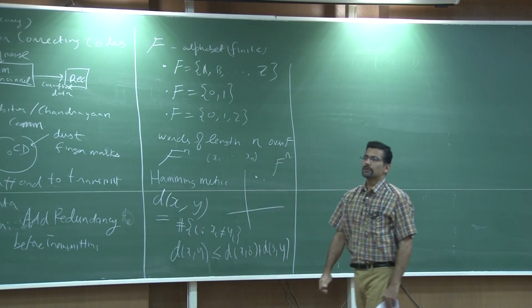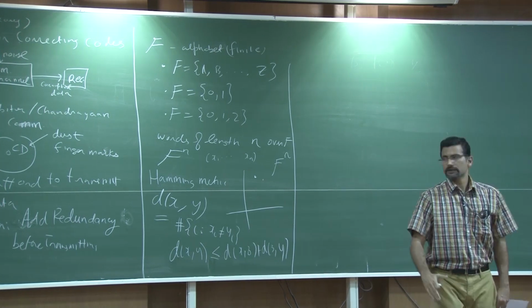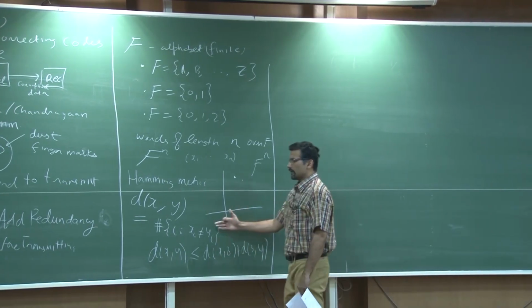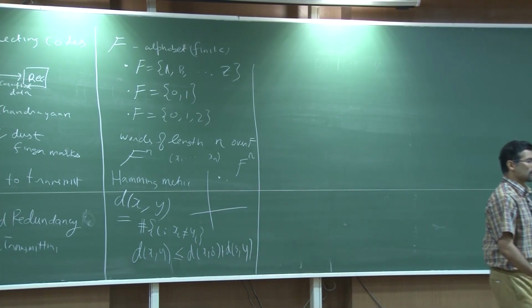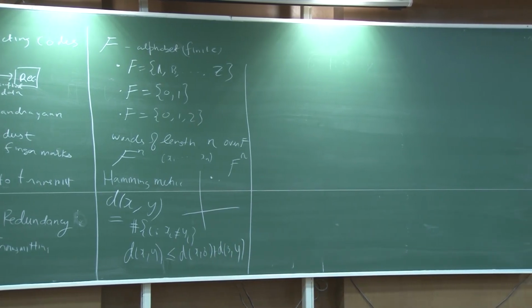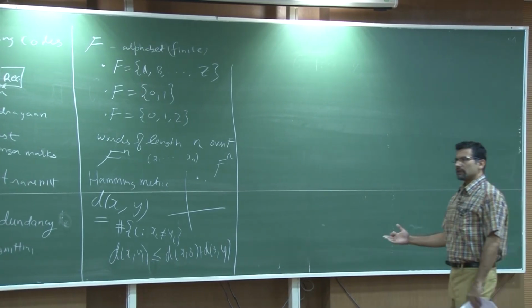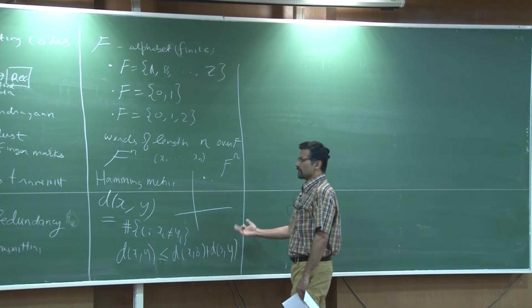Okay. One can check that this metric that we have defined does indeed satisfy the triangle inequality. So it's an honest metric. This is the most common metric that we use in information theory.